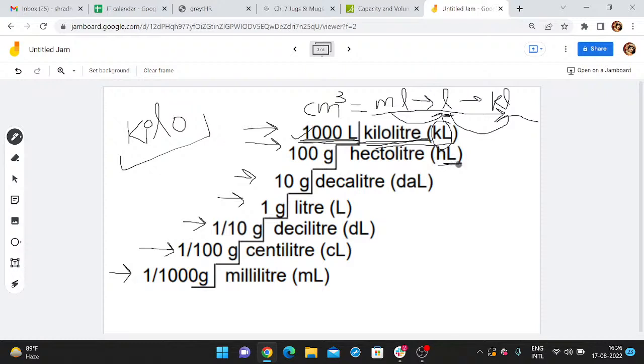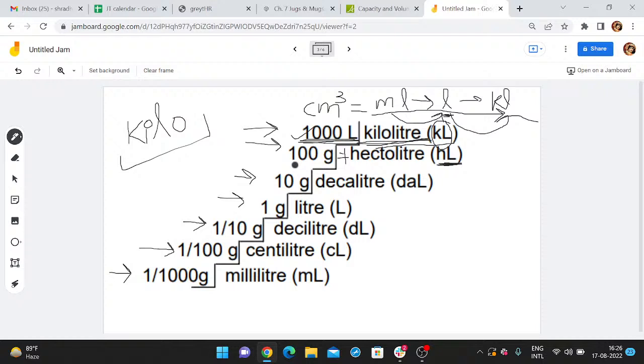Hectoliter. Hectoliter is a new term to all of us. This is for your extra information only, that a hectoliter, that means 1 hectoliter is equal to 100 grams. 100 grams. But we'll come on to this later. Can anybody tell me that 1000 grams are equal to what unit?